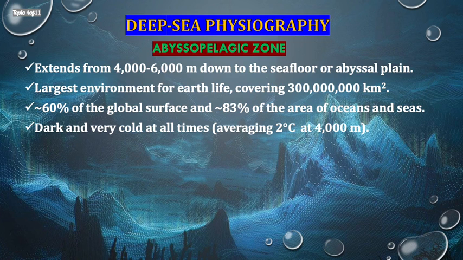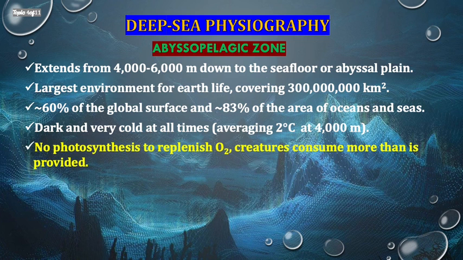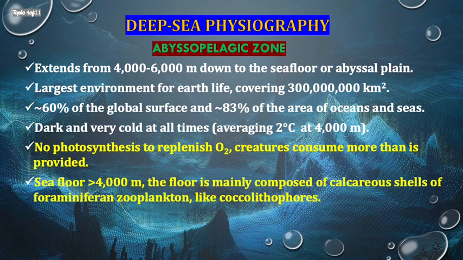The abyssopelagic zone is very dark and extremely cold, with an average temperature of 2 degrees Celsius at 4,000 meters deep. There is no photosynthetic activity happening in this area, so oxygen replenishment is not possible. Therefore, creatures that live there must only consume the oxygen that is provided.